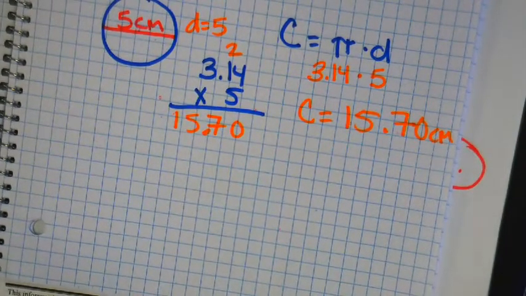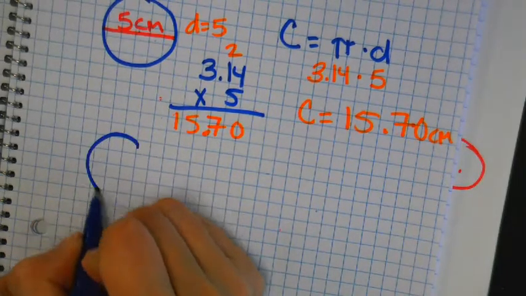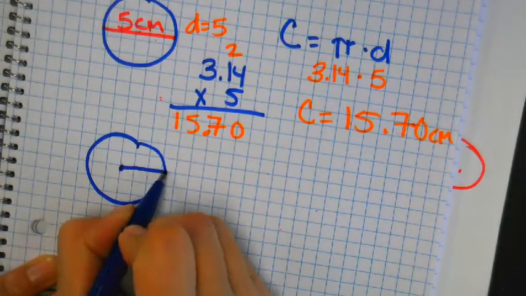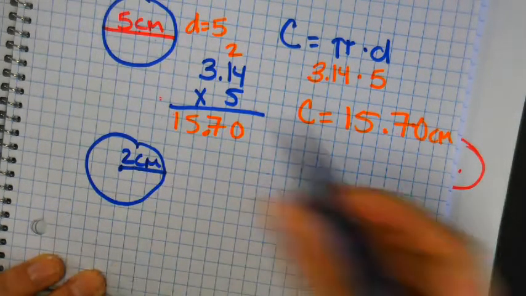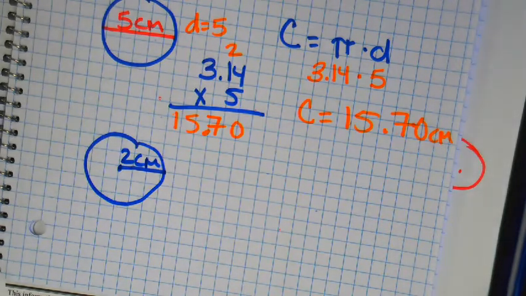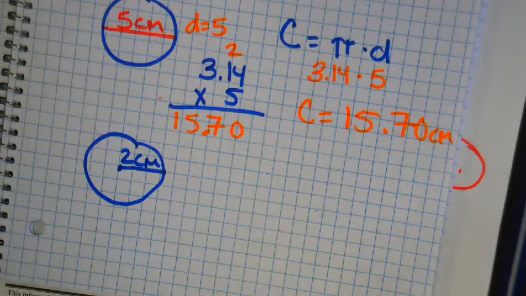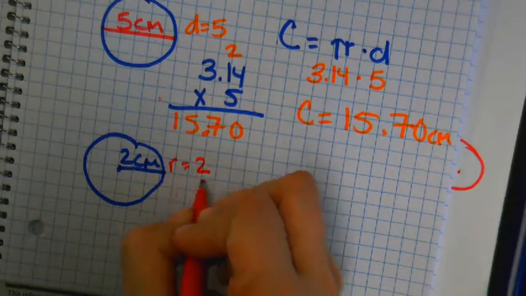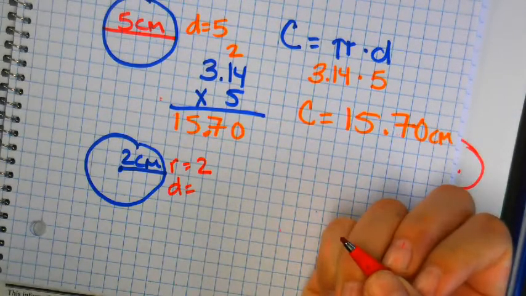All right, next. Draw me a circle that has a radius of 2 centimeters. Radius of 2 centimeters. Do I need a radius for the circumference? I don't need a radius, right? What do I need? So radius is 2, therefore what is my diameter equal to? 4.